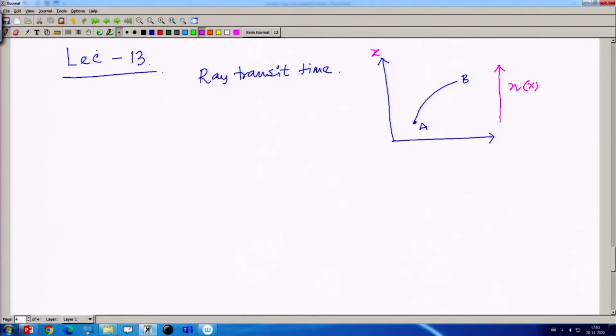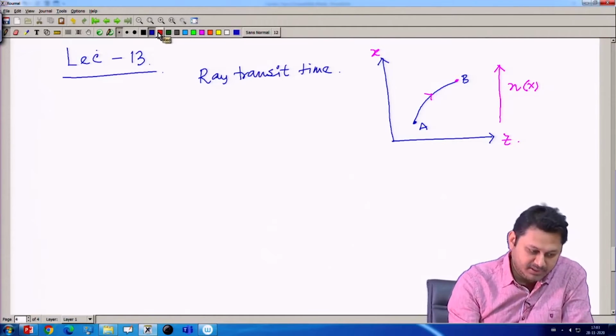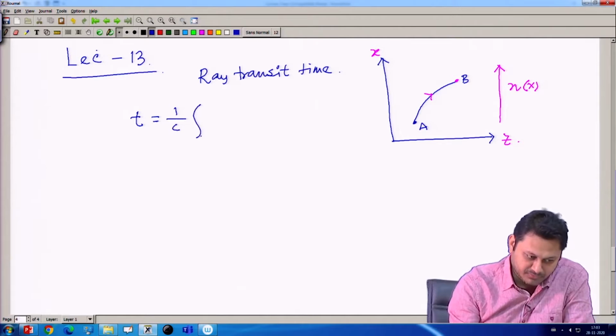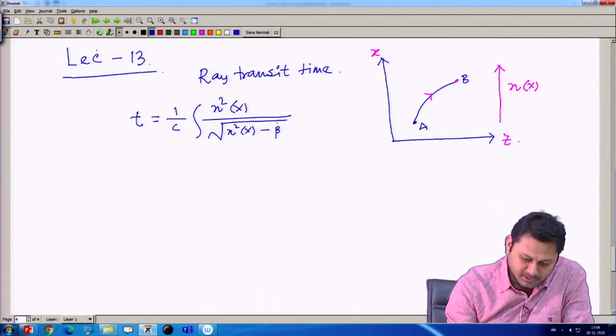This is my x axis, this is my z axis, and the question is how to calculate the time the ray should take going from A to B. The expression we derived was T equal to 1 divided by c, integration of n square x divided by the square root of n square x minus beta tilde square, dx.